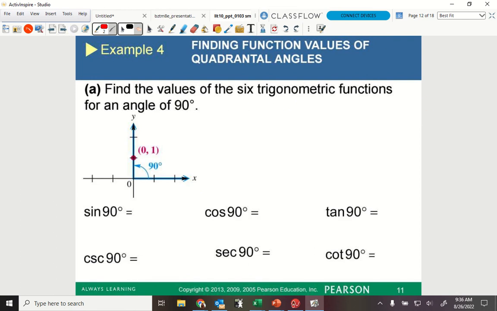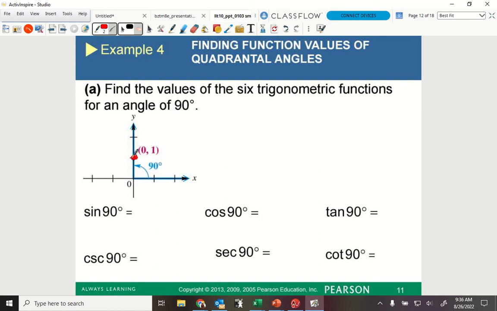All right, these ones should be easy. 90 degrees. We know 90 degrees is going straight up and down, right? So I can pick any of the values because they are going to always be the same. And you'll see why here in a minute. So we're picking the point here.